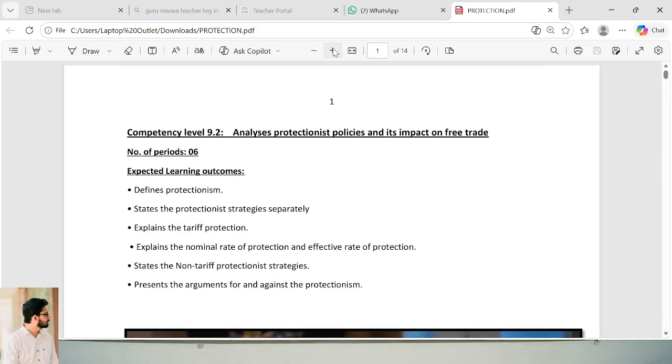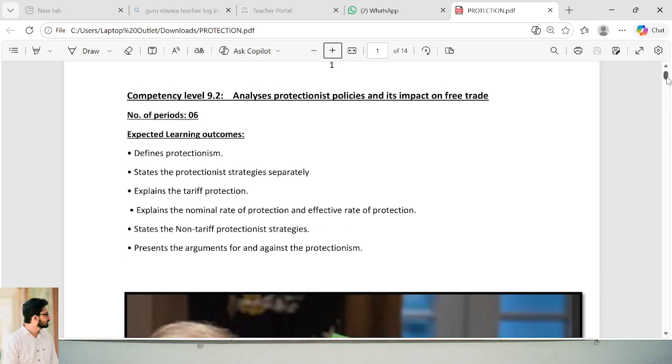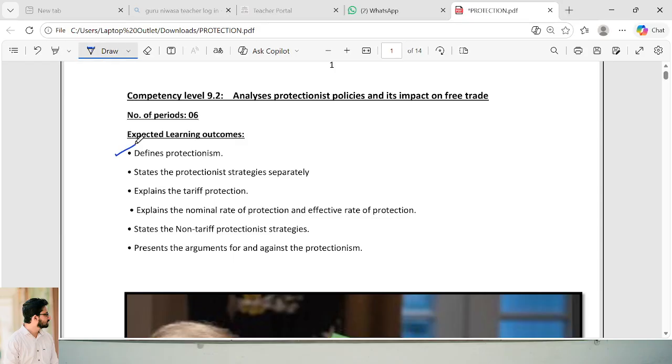Okay, then now these are in your syllabus, in the teacher's guide. These are the points that need to be covered. Define protectionism. If you are okay with these points, you're perfect.